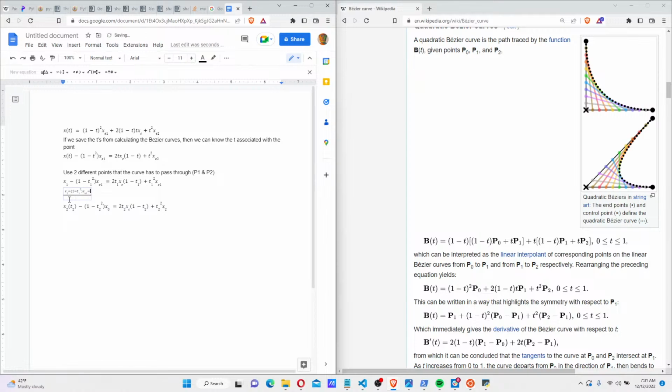After taking that, we subtract minus t sub 1 squared times x sub e2. That should be endpoint 2.